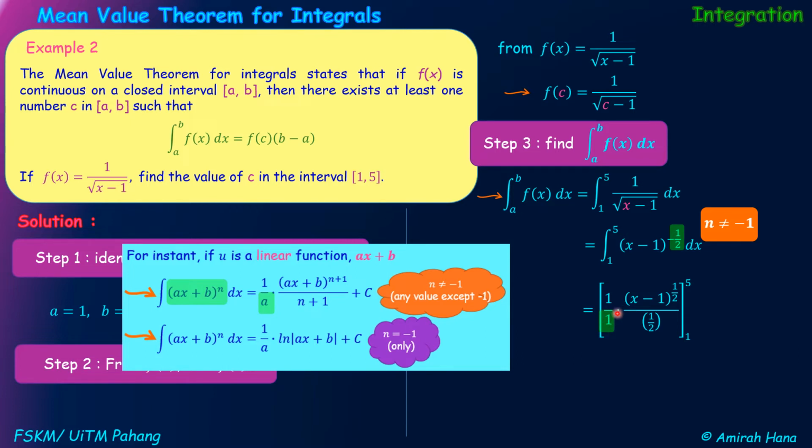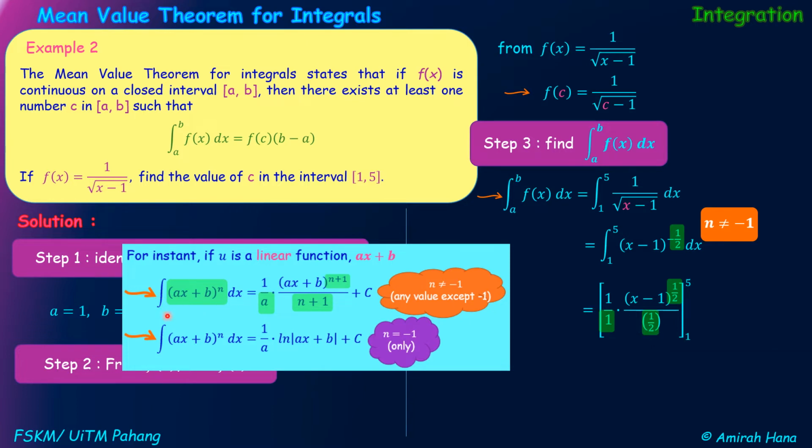And then times the linear function here, to the power of n plus 1, over n plus 1. From here, our n equals negative half, so negative half plus 1 equals positive half, and then over n plus 1 means over half.